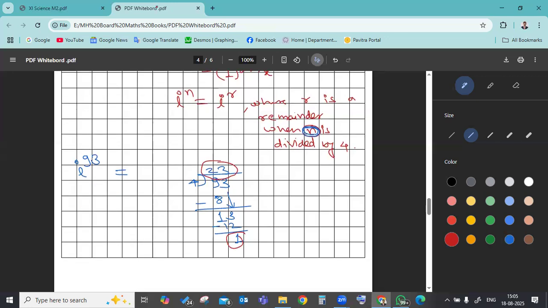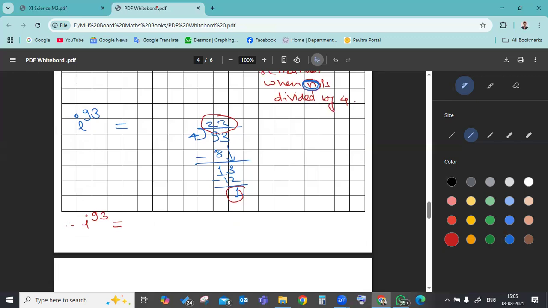Then this gives us i raised to 93, therefore this is 93 is equal to 4 into 23 plus 1, right? So it is i raised to 4 into 23 plus 1, that is i raised to 4 raised to 23 into i raised to 1.